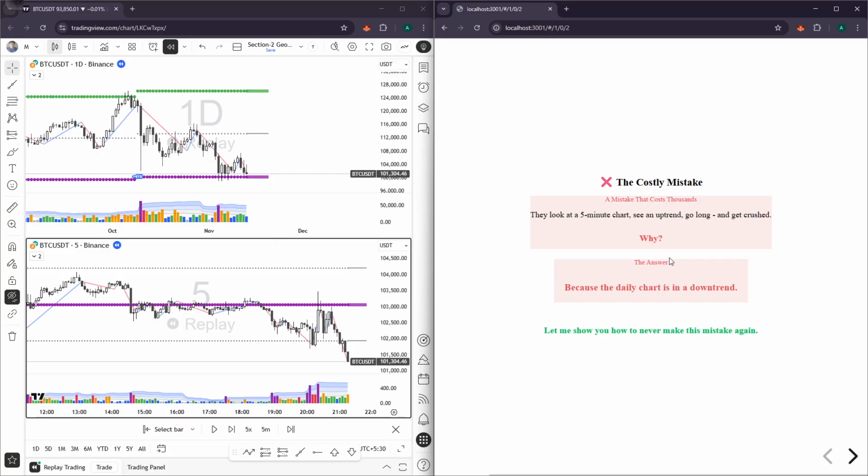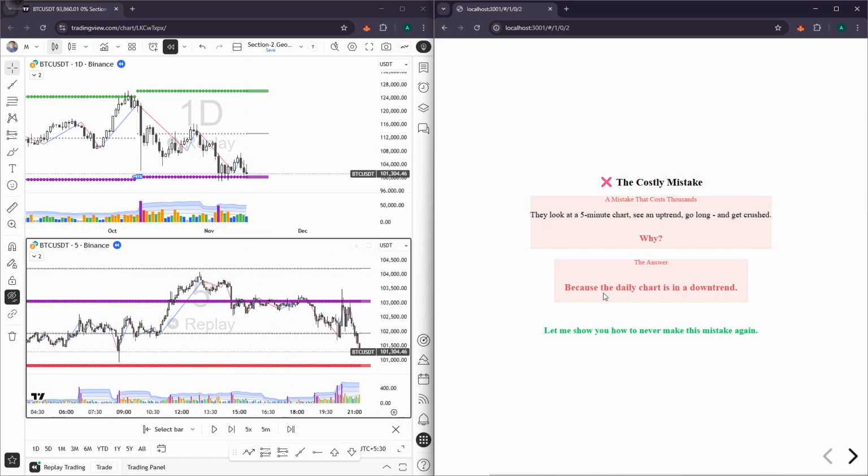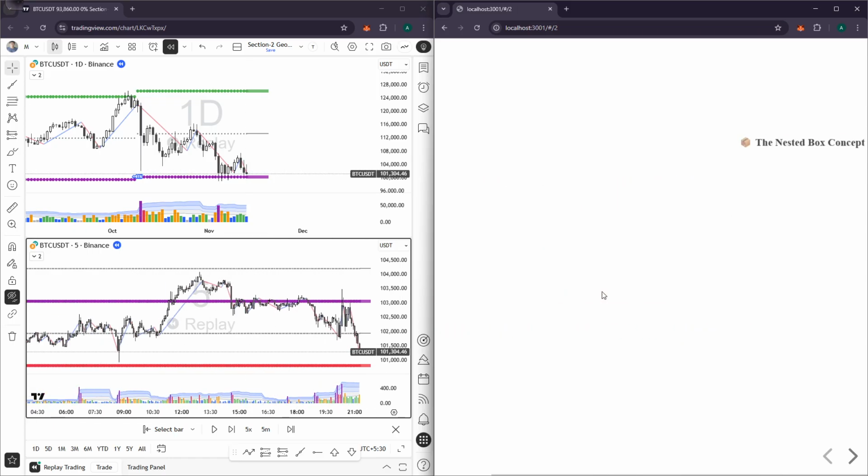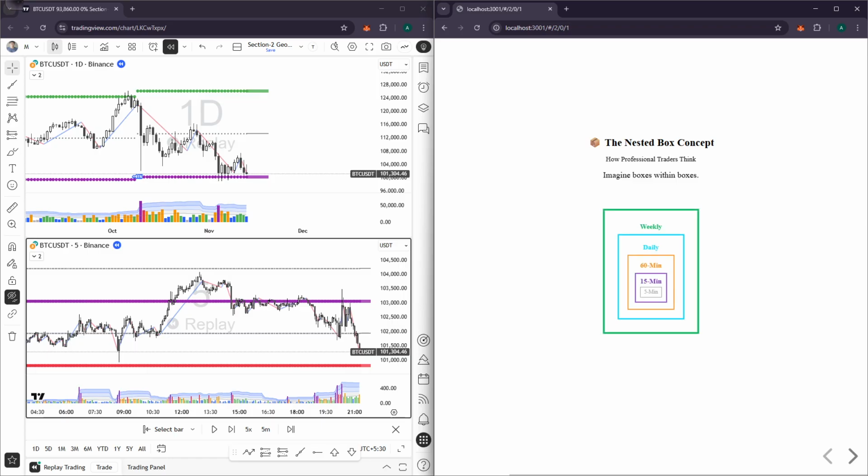Let me show you how you never make this mistake again, which I already did, by the way. I want to go into much more detail. The nested box concept is that we all know the markets are fractals. What I mean by that is that the daily time frame is happening within the weekly time frame.